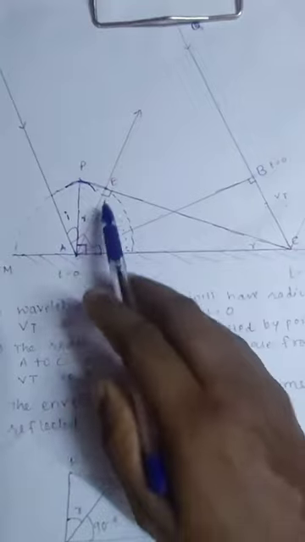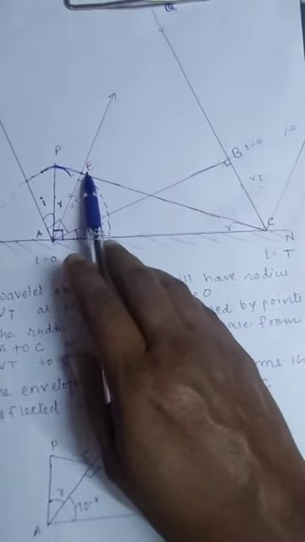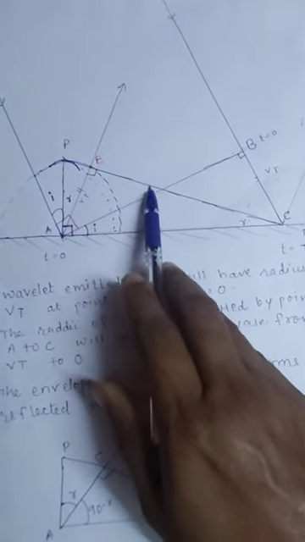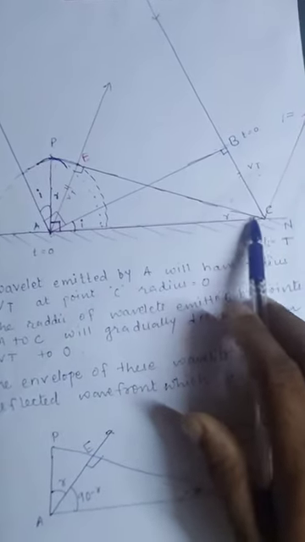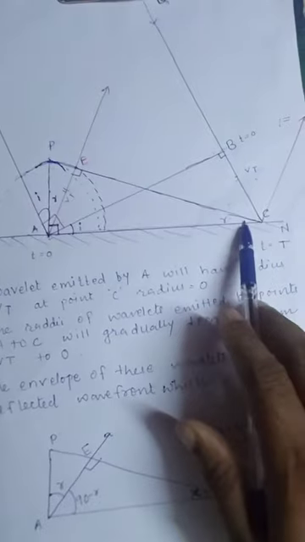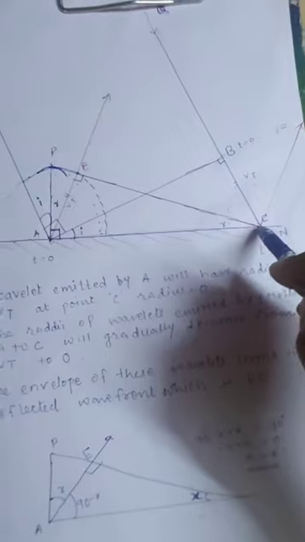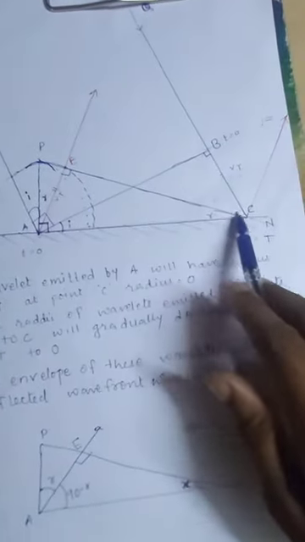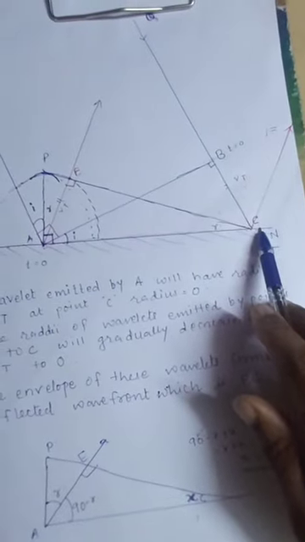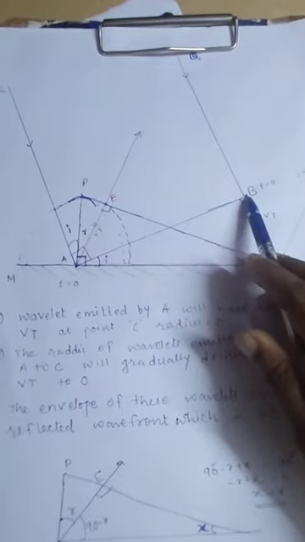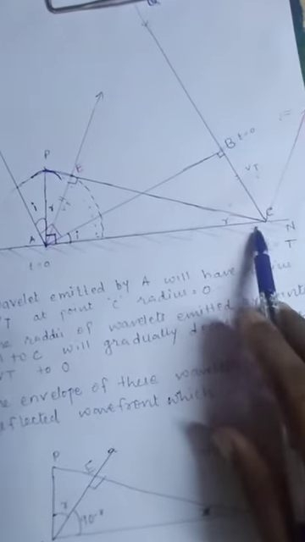As you go from E to C, this radius goes on decreasing, and at the point C the radius will be 0. You will get a reflected wavefront EC. So AB is your incident wavefront while EC is your reflected wavefront.